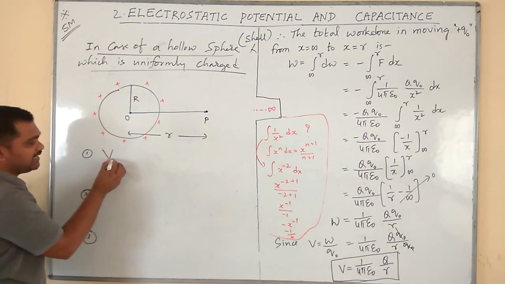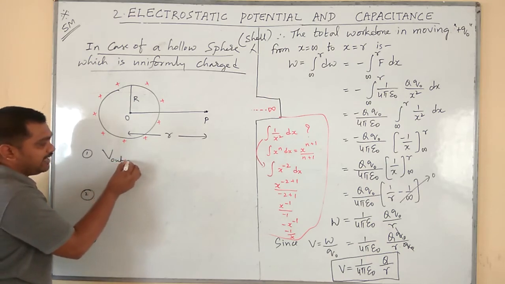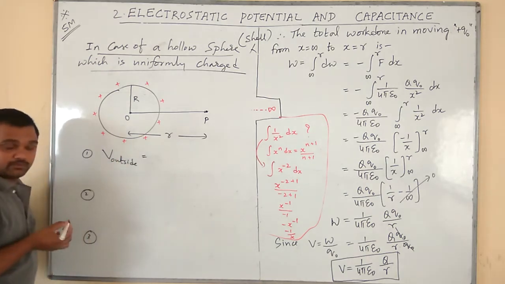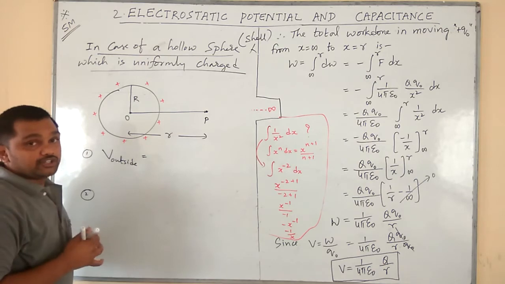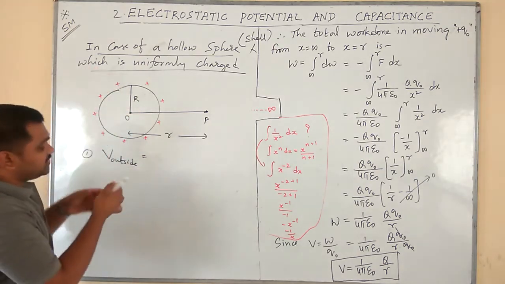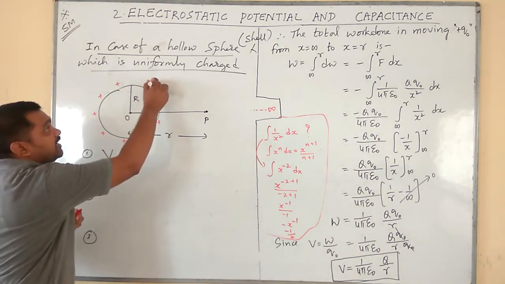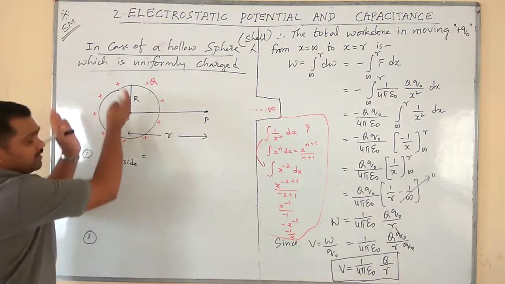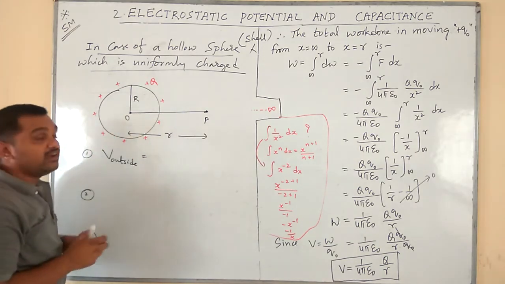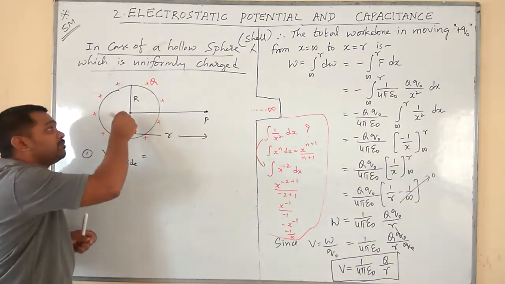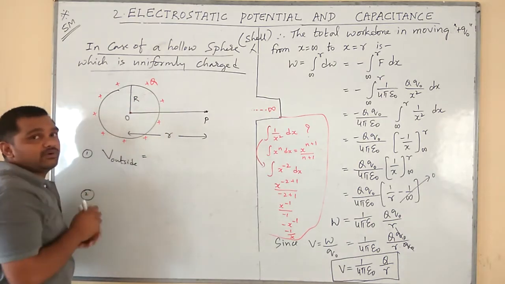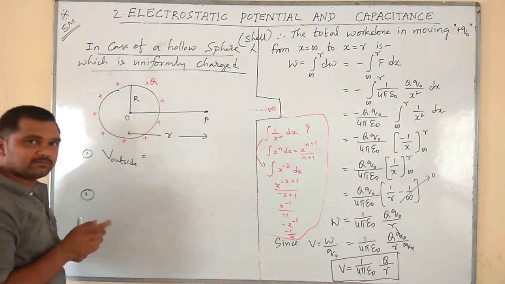Therefore, simply I will write V outside is equal to, according to Shell theorem, though the charges are present on the surface of the shell, we have to imagine them at the center. That is what the Shell theorem says.